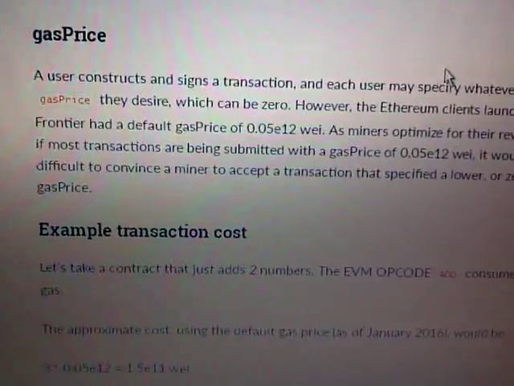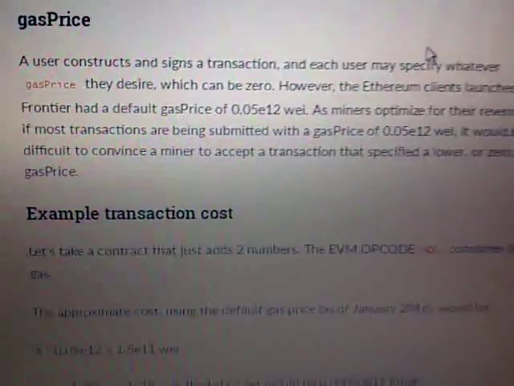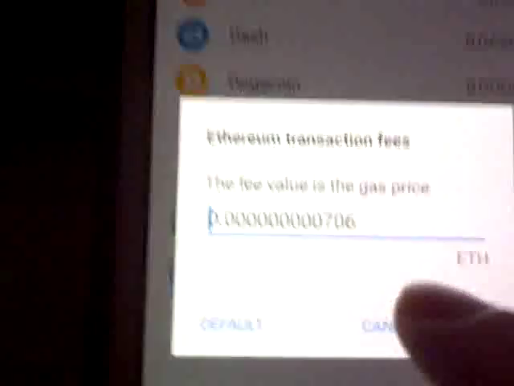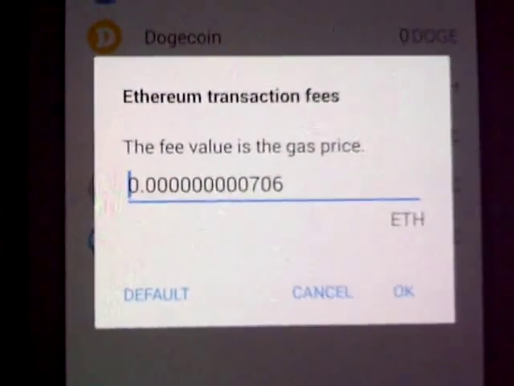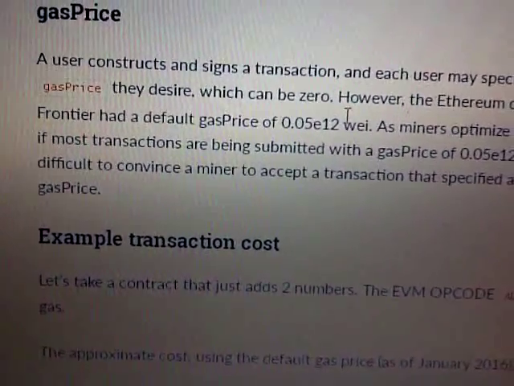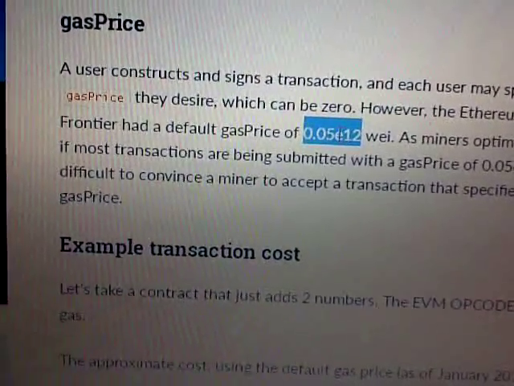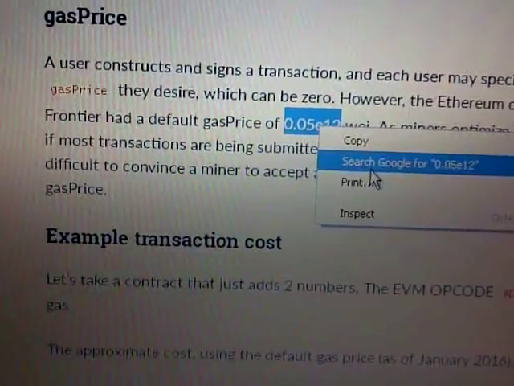So how you figure out the gas price, or the value of the gas price, to enter into here, I'm going to show you right now. So it says here this number. All right, so I'm going to go ahead and do that real quick.